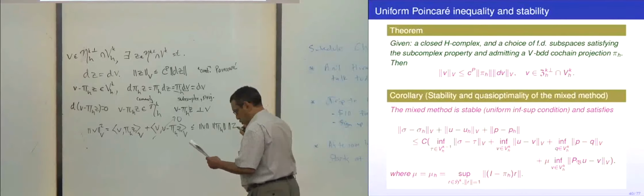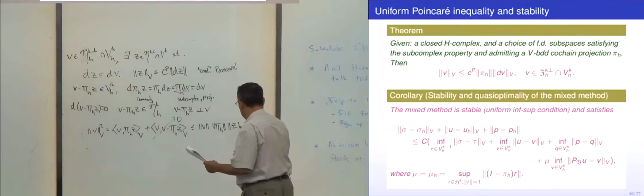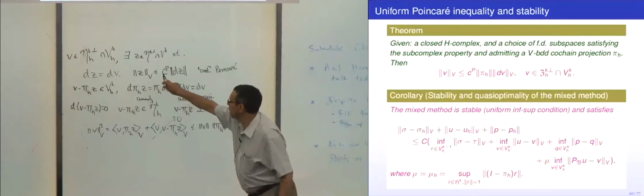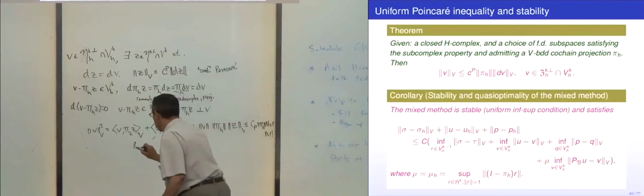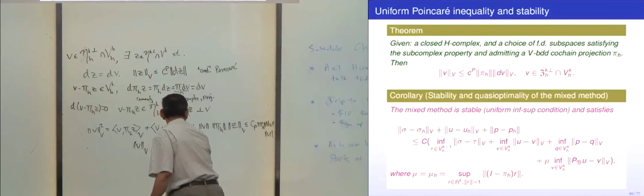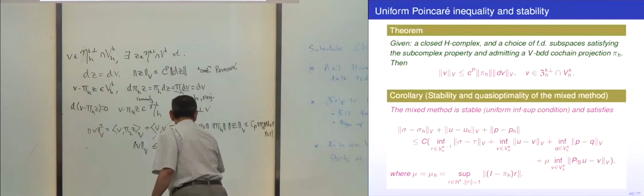So that's less than the norm of v times the norm of the operator pi^h times the norm of z. But the norm of z is bounded by Cp, the norm of dz. And dz is the same as dv. So that's less than Cp, norm of pi^h, norm of dv, times that norm of v. And I cancel out one v on each side, and so I get the norm of v is less than Cp times the norm of pi^h, times the norm of dv.